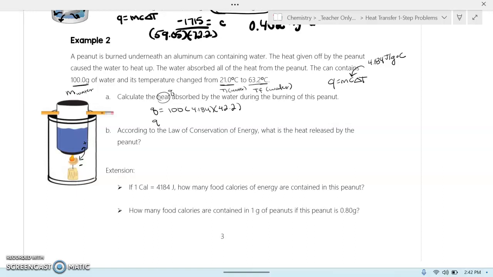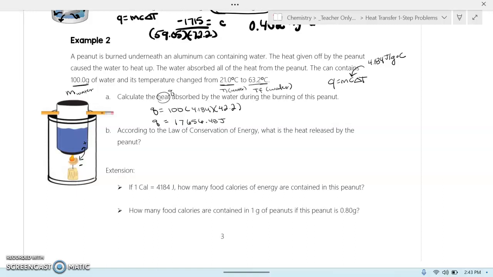And then we just need to find this product, and that is our energy transfer. Looks like it comes to be 17,656.48 joules, okay? So that's what our calculators give us.